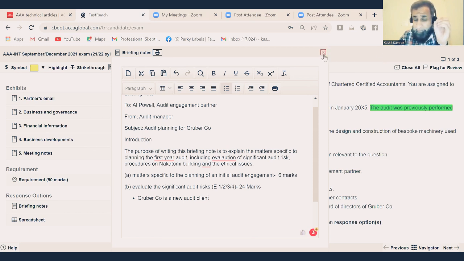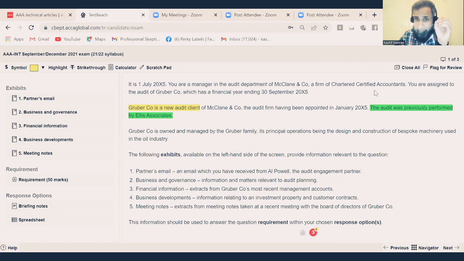Now, there was a previous auditor, Ellis. Can the previous auditor help me with knowing the critical areas where I should be focusing on planning the first year audit? Can the previous auditor working papers help me knowing what are the risky areas where I should be focusing on in the first year audit? Can the previous auditor help me to know what are weaknesses in the internal control system which were identified in the previous year, so I can focus my test of controls in that area?